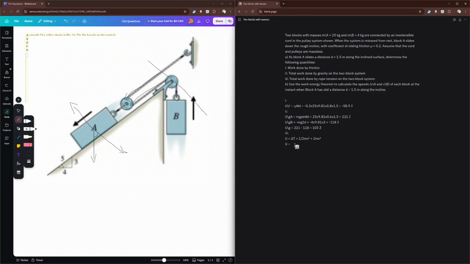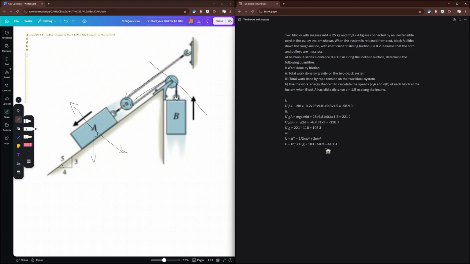So u is equal to uf plus ug, because we want the total work. So this is the total work, which is equal to 103 minus 58.9, which is 44.1 joules, right?